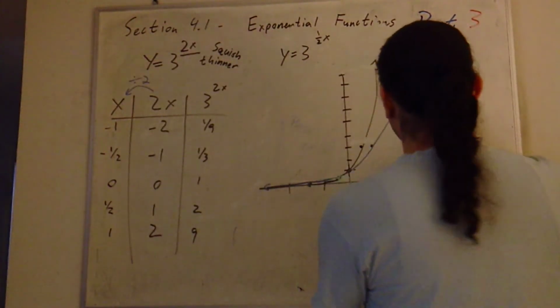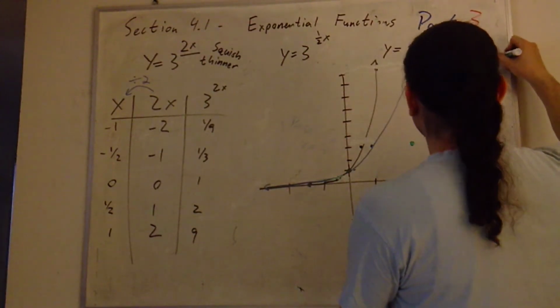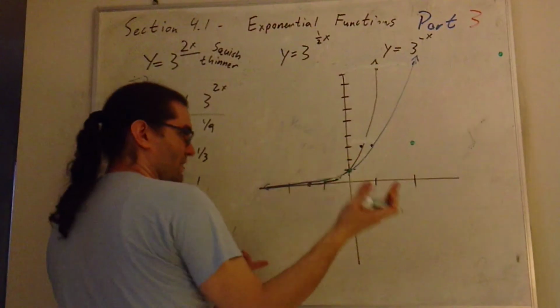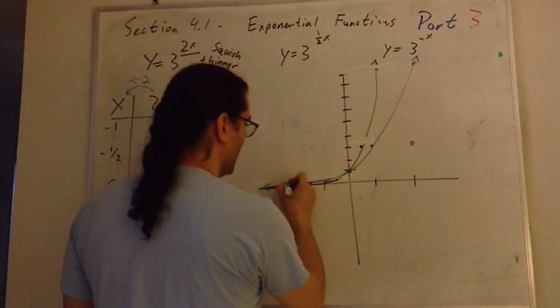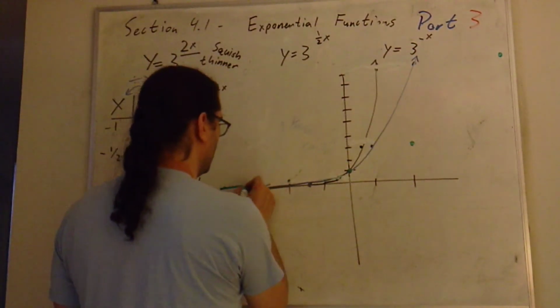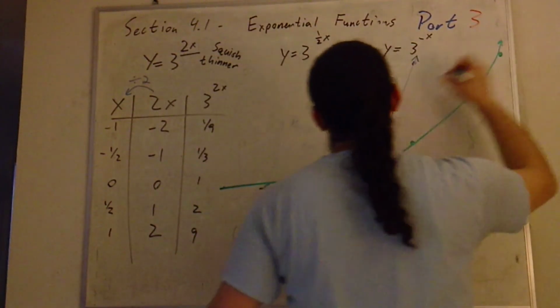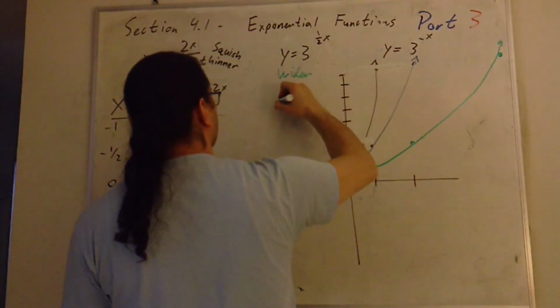So that'll put me at 3 out here, 9 out here. Same intercept. Making this point wider does nothing because its x value is 0. 1/3 is here, 1/9 is back here. So this one is wider. It's a stretch.